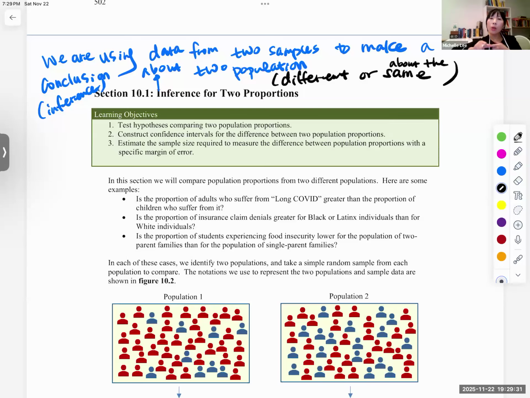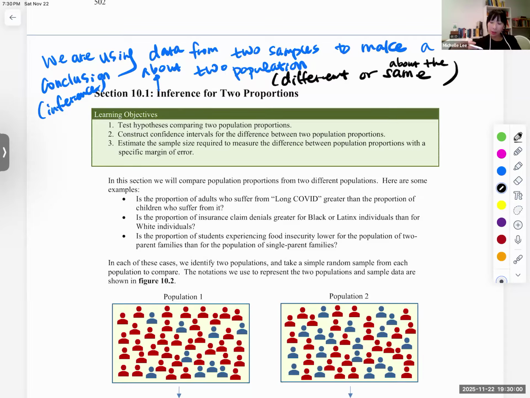All right, so we know what inferential statistics is, right? We cannot survey a whole entire group. That's a population. What we do is gather a sample and then we conclude something about the population, right? So here, it's the same inference for two populations.